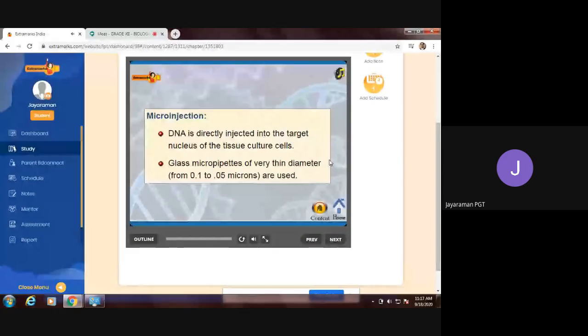The micropipette means it is a needle, a very fine needle. You see the thickness, 0.05 micron. That is a very thin, hair-like, very minute needle. Normally it is inserted in animal cells like the egg.